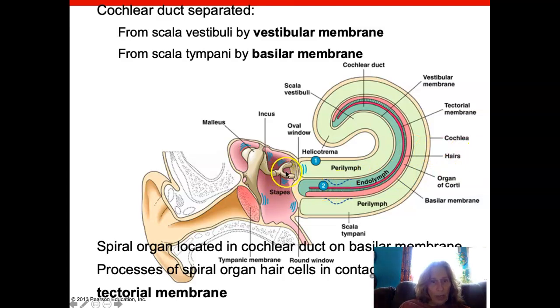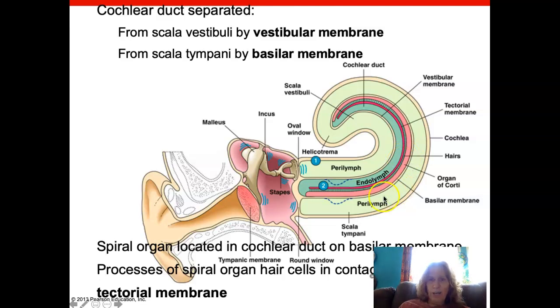So what happens here is that the vibrations strike the scala vestibuli and cause movement of the fluid in here. There's pressure waves in here. Depending on the frequency of the sound, it crosses over to the scala tympani. The pressure wave kind of crosses over. And where it crosses over, the organ of Corti hair cells are distorted.